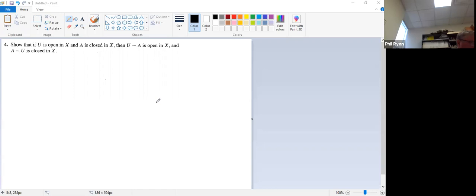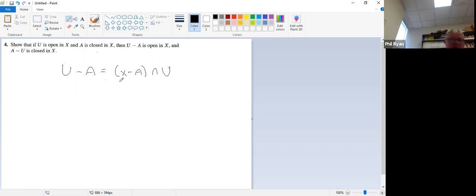Okay, question 4. We've got U open in X, A closed in X. I want to show that U minus A is open in X and A minus U is closed in X. Well, U minus A is equal to X minus A intersected U, which is the intersection of open sets.